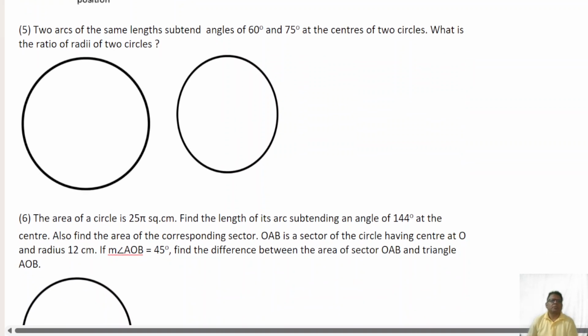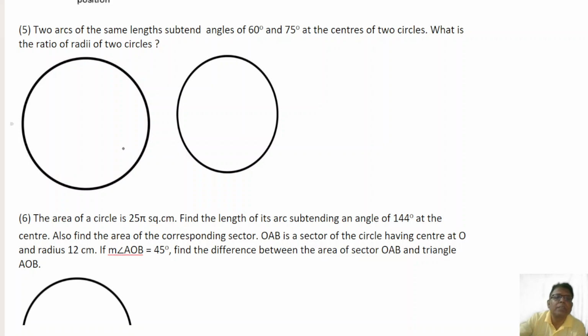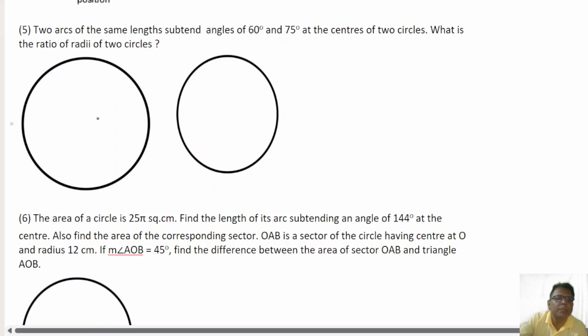In the fifth question, two arcs of the same length subtend angles of 60 degrees and 75 degrees. So here suppose a 60 degree angle and here a 75 degree angle. So this length L1 and this length L2 are equal. So here R1, here R2, suppose.